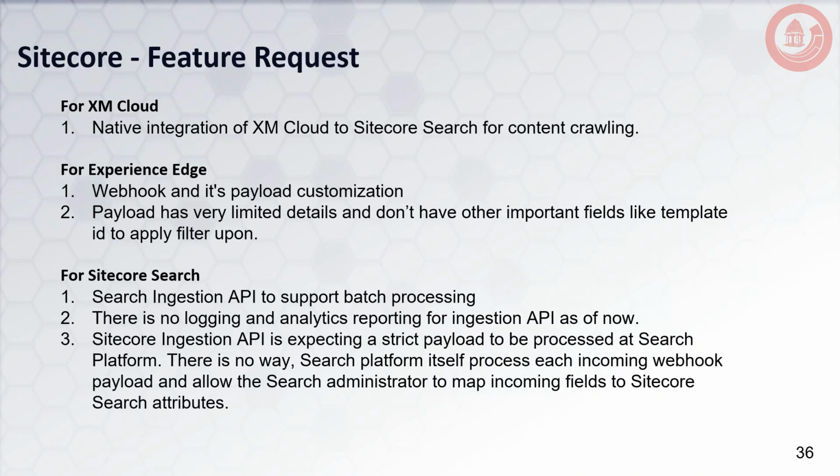But here in Sitecore Search, we have to follow that strict schema, and that mapping has to be done outside Sitecore Search. So I would suggest that if we can have these improvements across the Sitecore composable products, we will be in a better situation.